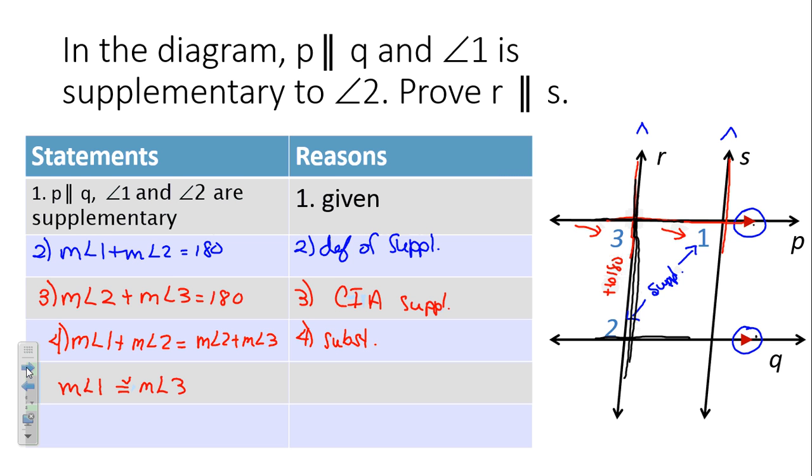And now why would 1 be equal to 3? Subtraction. We can take away 2 from both sides, can't we?